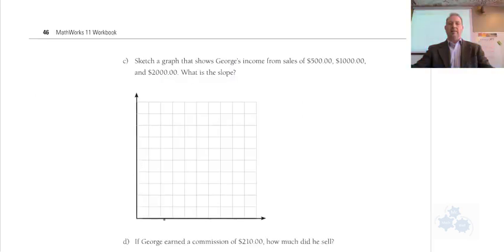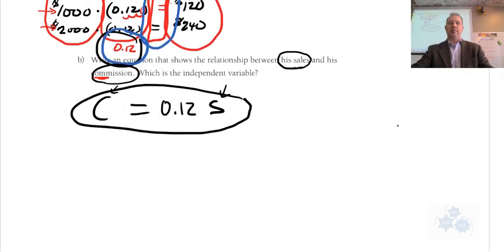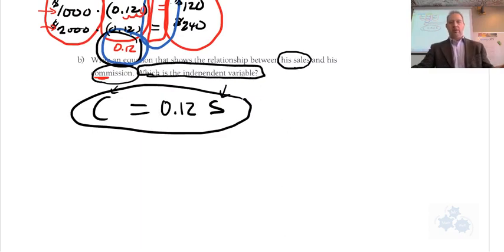So for C, it says sketch a graph for George's income from his sales of 500, 1,000, and 2,000. So we want to sketch the income for each one of these sales. Which one would be the independent variable? We actually didn't answer that question in this one. What's the independent variable? That means which one did we start with in order to do our calculations, and which one did we end up with?